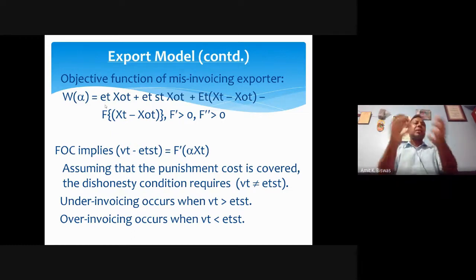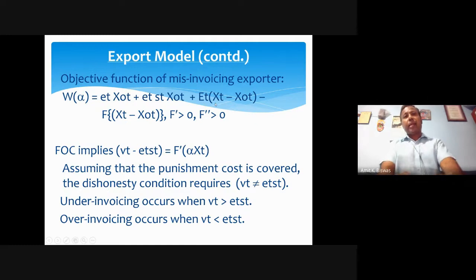What RBI does, it takes $800 from you and gives the equivalent amount of foreign exchange, at the government rate, small et. And let there be an export subsidy. For the time being, there is no tax, only subsidy on export. So ET, ST, XOT is yours, what you get as subsidy in terms of your officially denominated exchange rate.